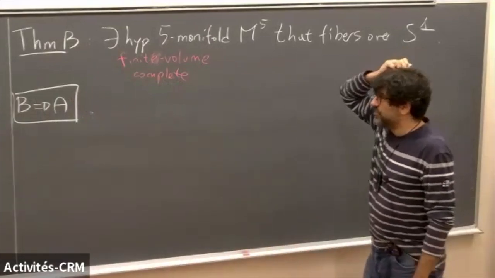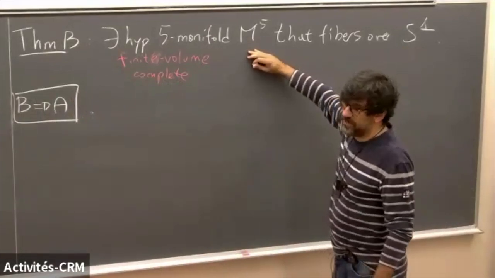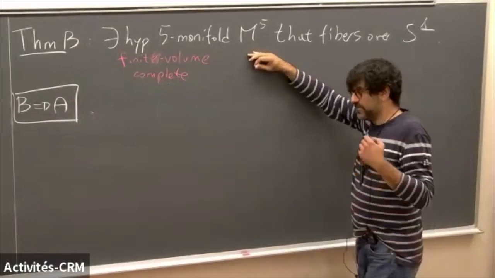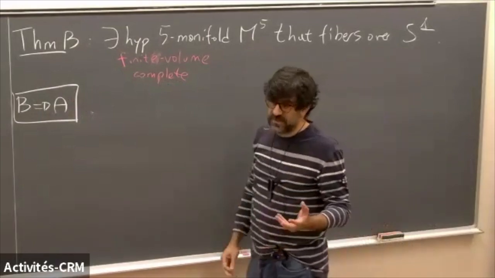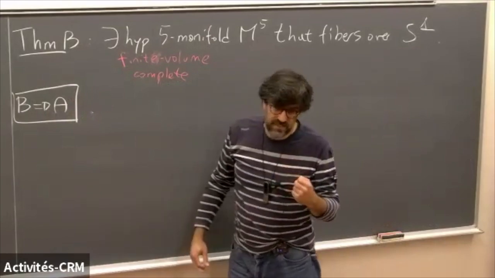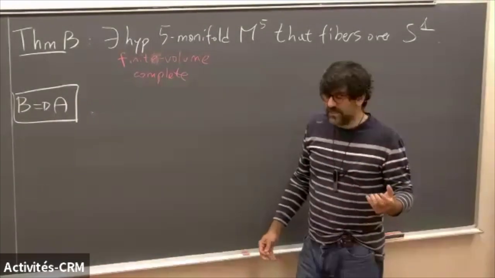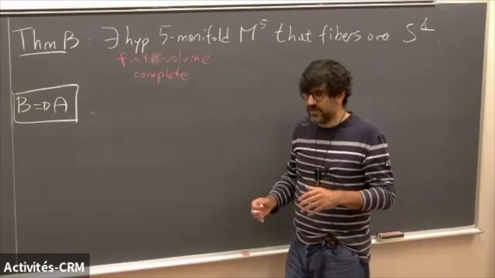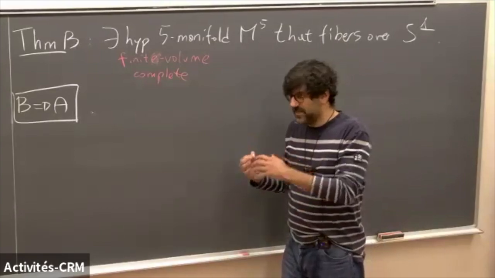There is a general thing about hyperbolic manifolds: if you want to construct examples, the cusped ones are easier to produce. But if you want to prove theorems, the closed manifolds are easier to deal with.